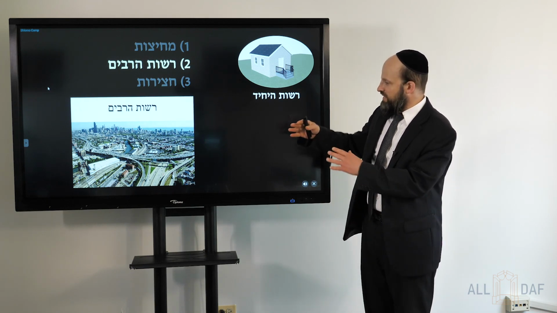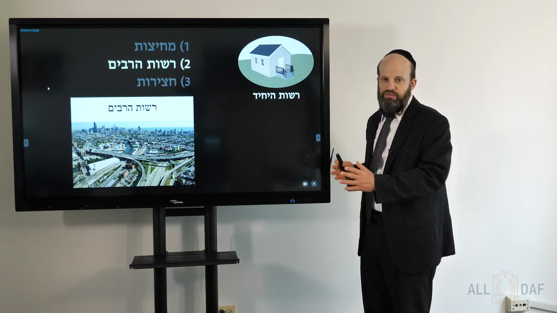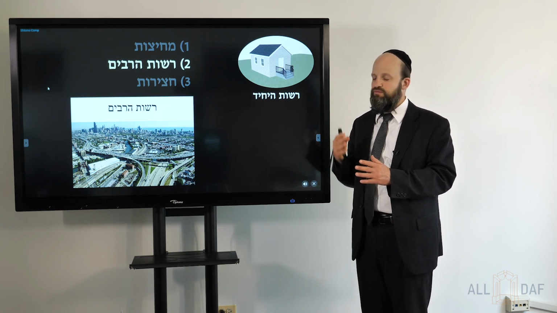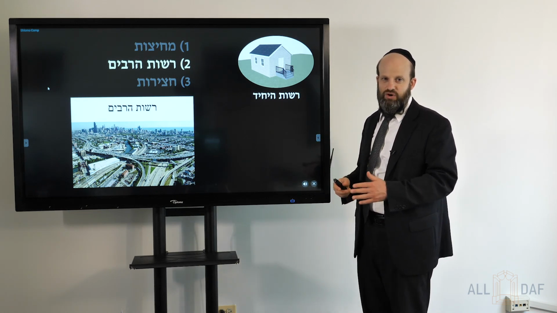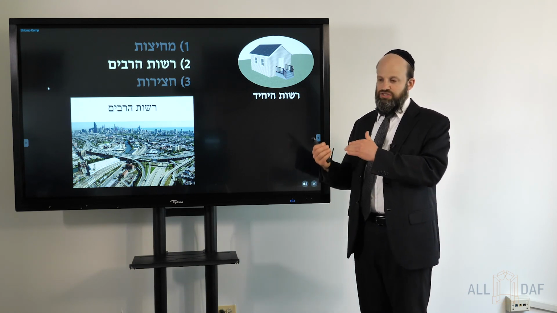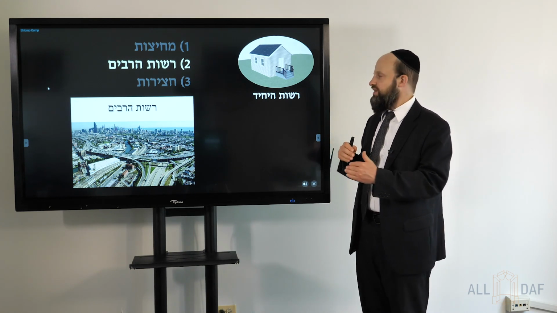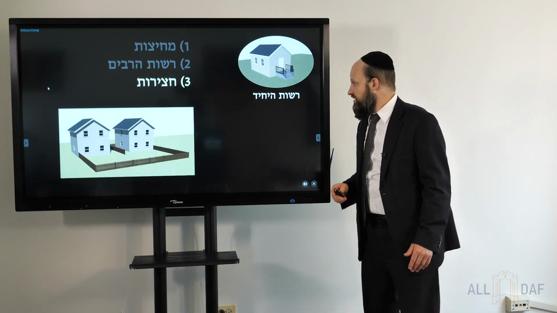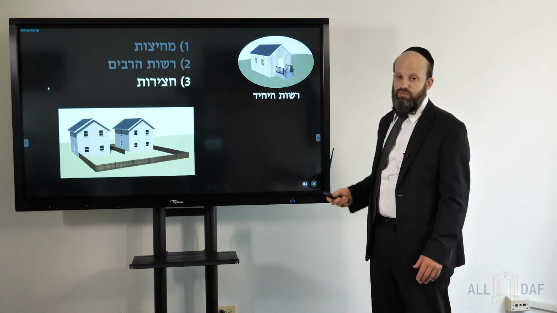You're going to have to do something else. Maybe you'll make dalsos, you'll make doors to prevent the Hilach HaRabim, to prevent the public traffic from flowing freely. So that's something else that we have to know. We have to know where there is a Rishus HaRabim and how that's going to affect the ability to make a Rishus HaYachid.